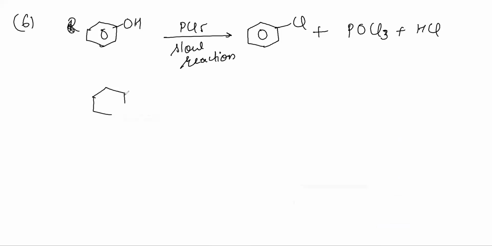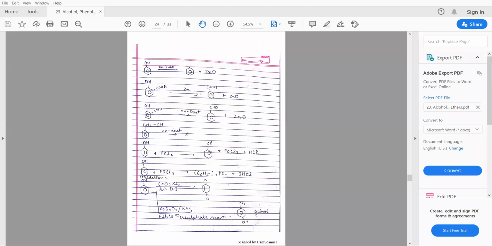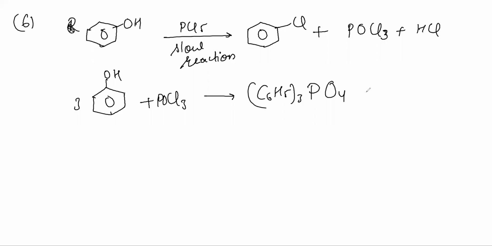This phenol reacts with this POCl3 as well. Here three molecules are used. And we get something like this, (C6H5)3PO4 plus HCl.